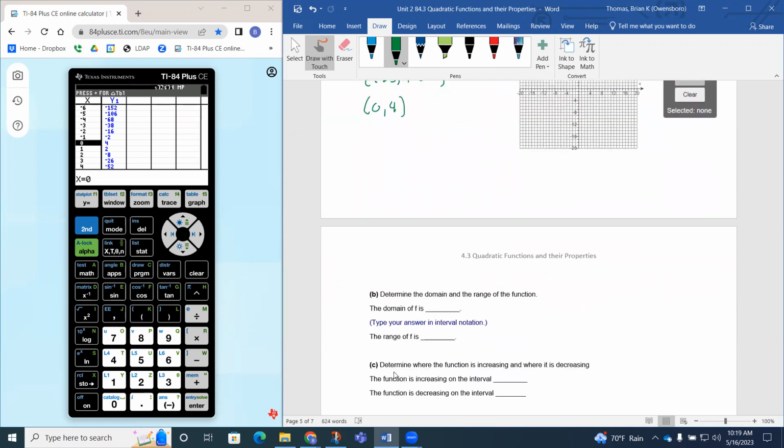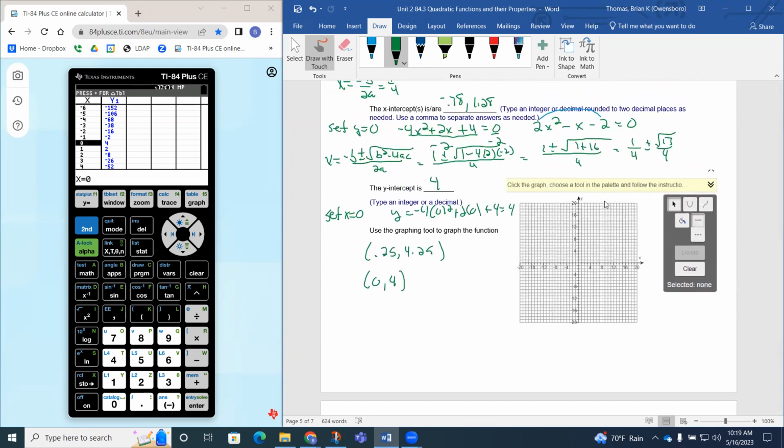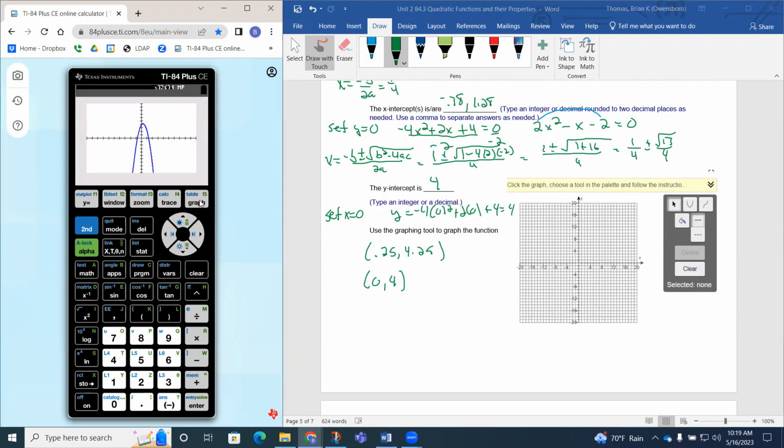So now the domain. Remember, since this is a quadratic, the domain is the set of real numbers, so there's no issues there, -infinity to infinity. But remember the range, since there is a maximum value in our graph, it's kind of going to be looking like that, opening down.